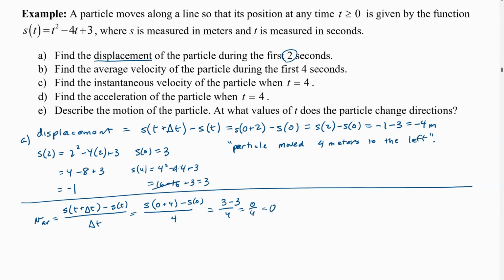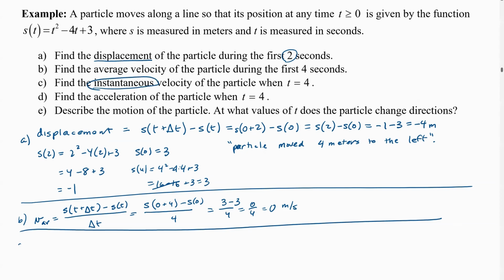The average velocity is 0 meters per second. Well, if you end up in the same place as you started, even though you moved in between, some of the movement has positive velocity, some has negative velocity, and it nets out to a 0 average velocity.